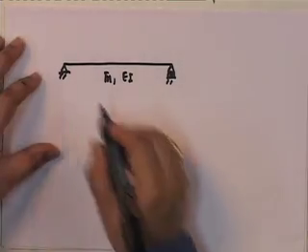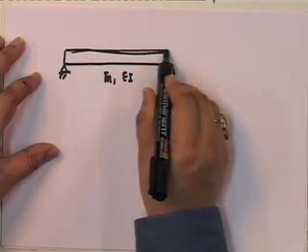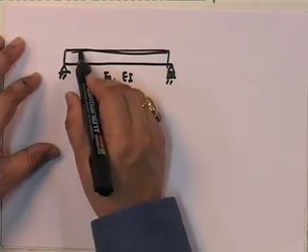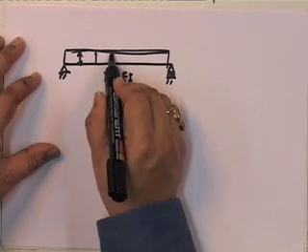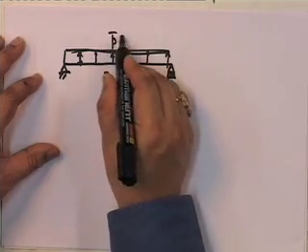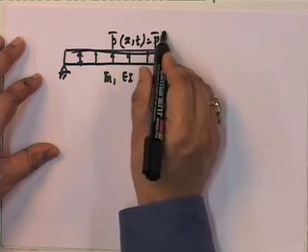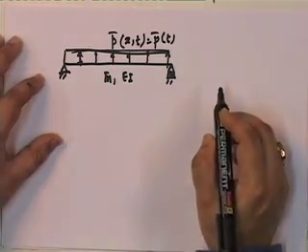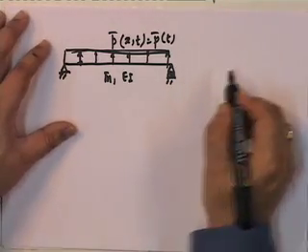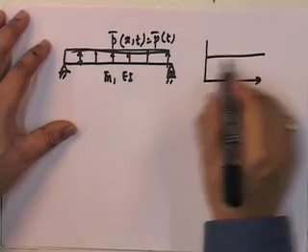Okay, and this is subjected to a uniform load, where P bar of t looks like this.